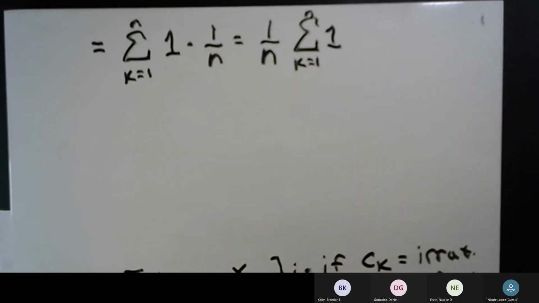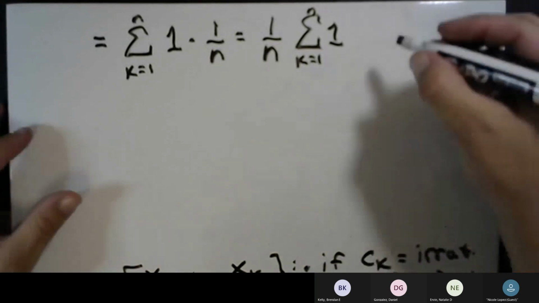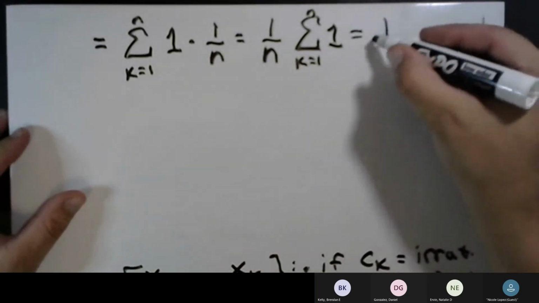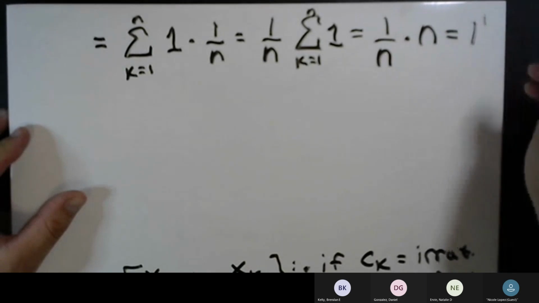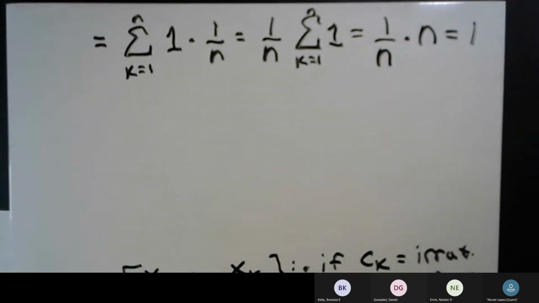So we get 1 over n times n, or 1. So for one of these upper sums, we're going to get 1.